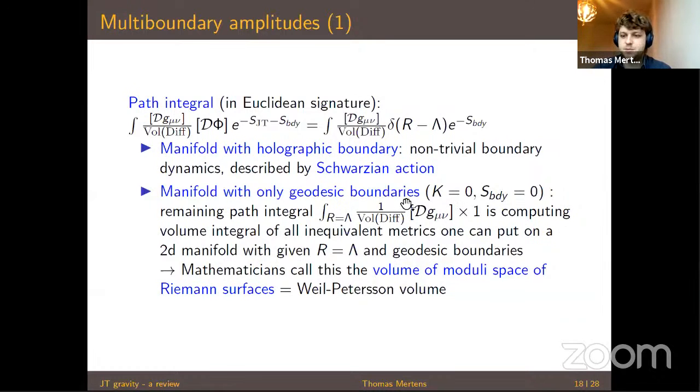If you consider this path integral on a manifold with only these geodesic boundaries, the remaining path integral is just the integral over all metrics mod small diffeomorphisms with a fixed value of the Ricci scalar, and the integrand is just the number 1. This is literally computing the volume of all equivalent metrics one can put on a 2D manifold with a given value of Ricci scalar and given geodesic boundaries. And this is an object that mathematicians call the volume of a moduli space of Riemann surfaces, or the Weil-Petersson volume.